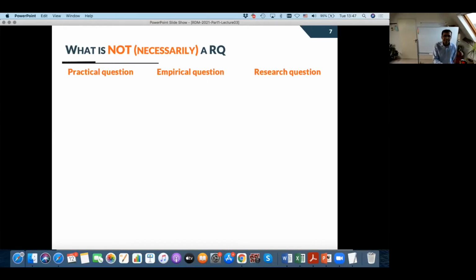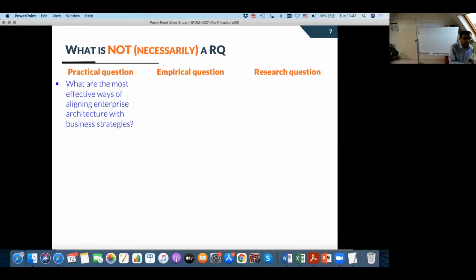A question that is about a particular problem, a particular issue for a practitioner. It can be specific, it can be somehow generic. What are the most effective ways of aligning enterprise architecture with the business strategy? It's a practical question. Fine, you start with that because when you start thinking about the topic, it should be relevant for practice. No problem. But that's not necessarily a research question.